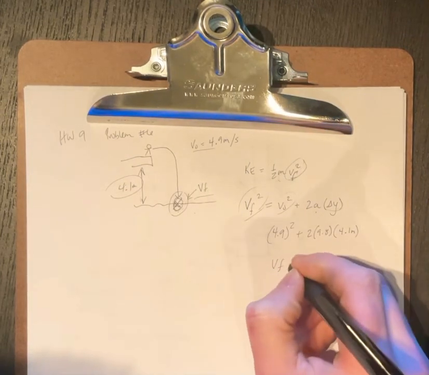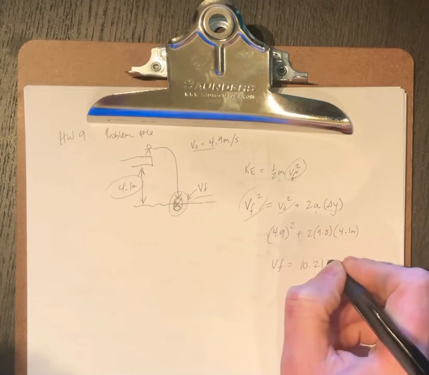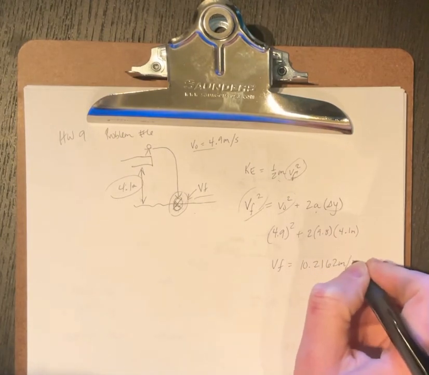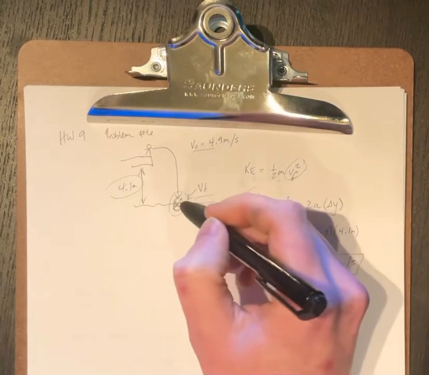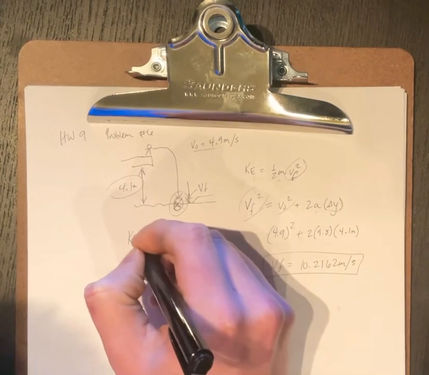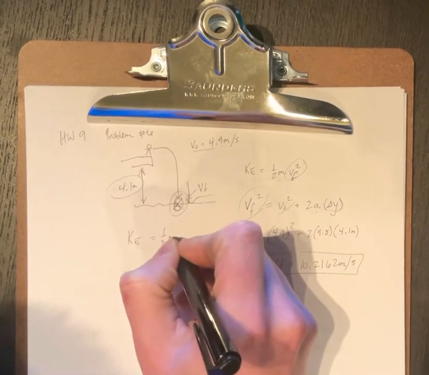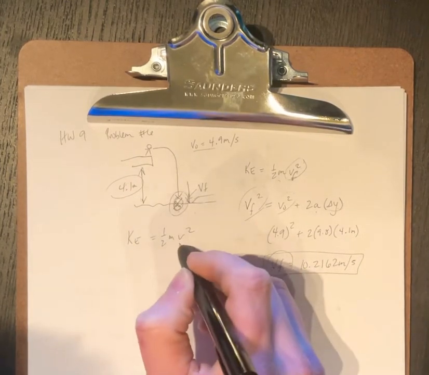And so the final velocity is 10.2162 meters per second. Okay, so that's the velocity that the diver has when they hit the water. So kinetic energy is equal to 1/2 mv squared. This is the velocity that we're going to use.